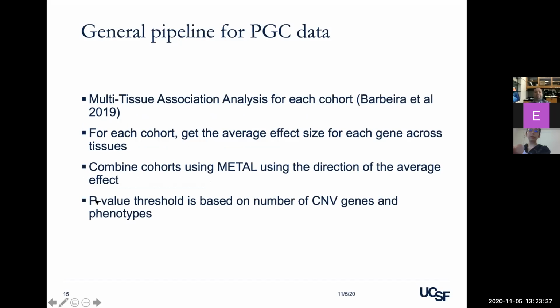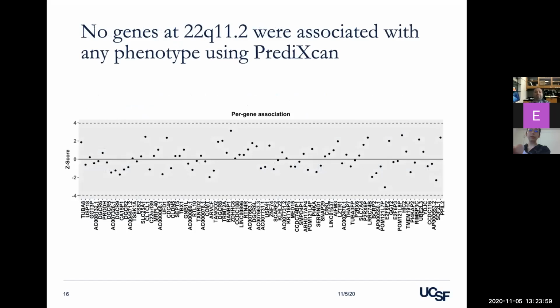I'll go through the methodology quickly; you can ask me more about it later. We do this analysis combining across tissues, and we also get the average direction across tissues, because we're interested in direction, and we do some multiple testing correction.